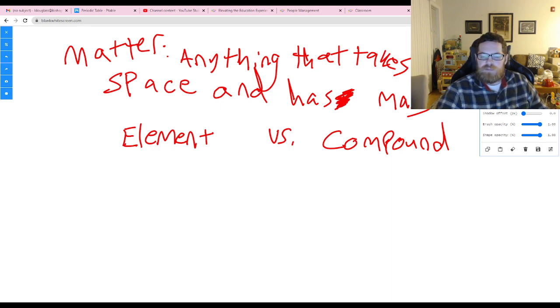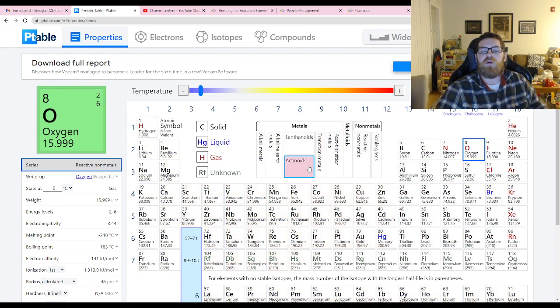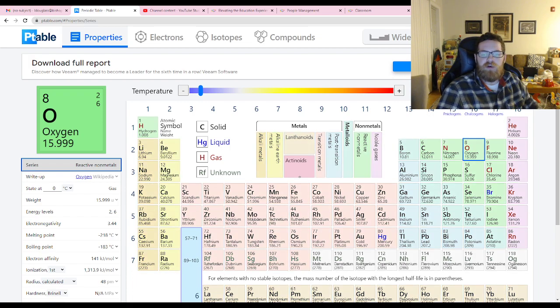So, an element is made with only one type of atom, one element from the periodic table. So a hunk of pure iron is just iron. It doesn't have to be a single atom to be an element, right?